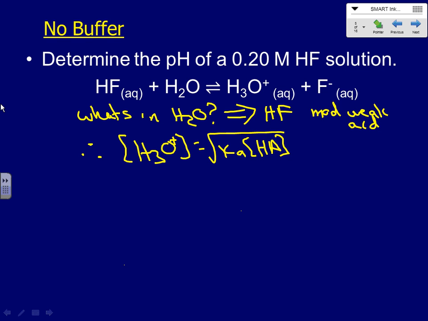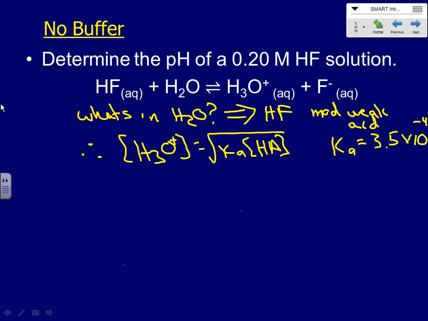As long as the Ka is small enough, right? What is the Ka for HF? I shouldn't have used HF because I think it's going to be close. I think it's 10 to the minus 3 or something like that. What is it? 3.5 times 10 to the negative 4, is it? Negative 1 over negative 4, I think, is going to get us into the thousands. Could somebody do a quick 0.2 divided by that Ka, just to make sure?